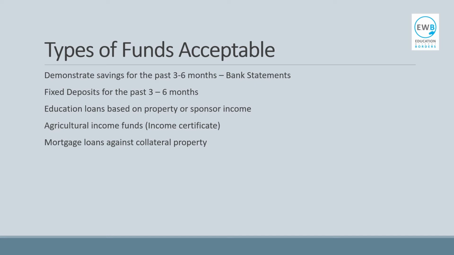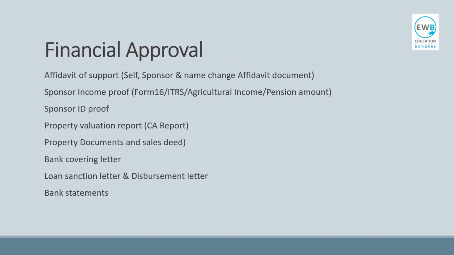And if you happen to be borrowing funds against a home or property, you may also need to provide this as documents, just to show where your funds are coming from to support you on your endeavours to study in Australia.